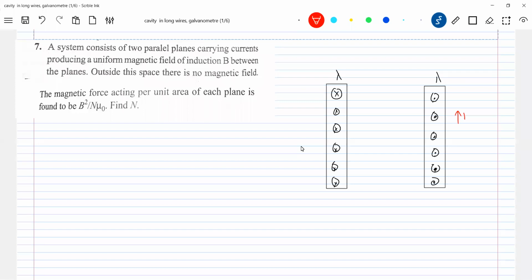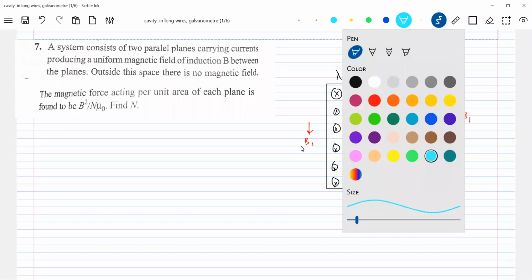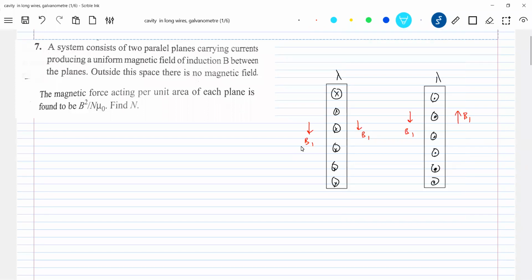Call it B1. This will be B1, and it will also produce B1 here, everywhere, no? By superposition. Similarly, the field produced by the other plane is B2.